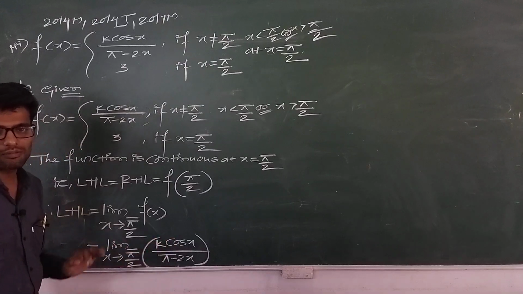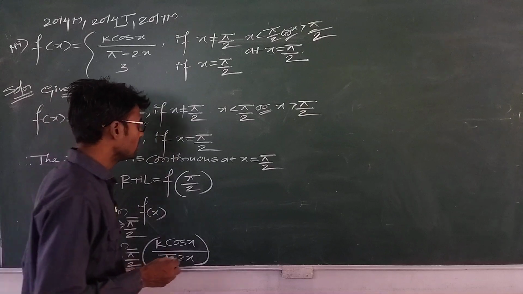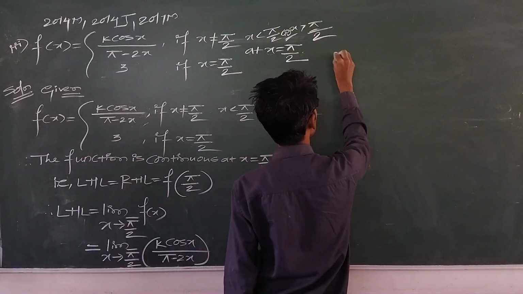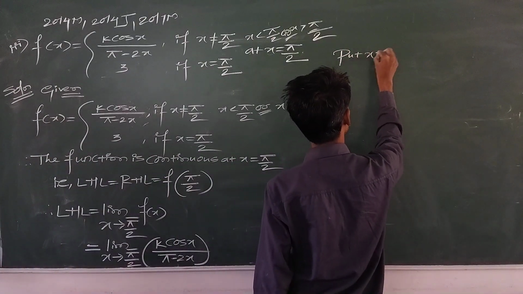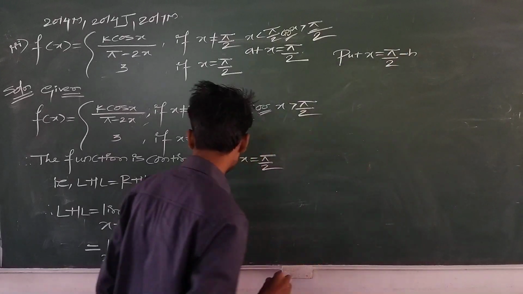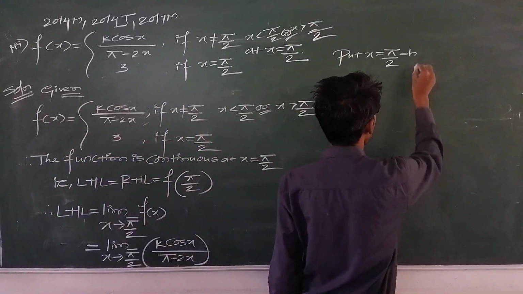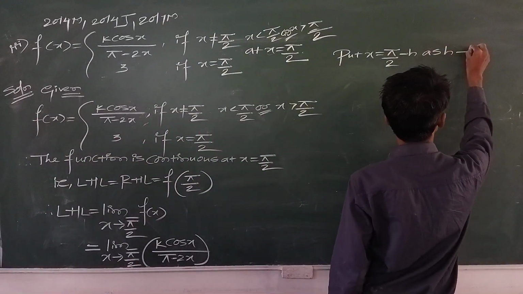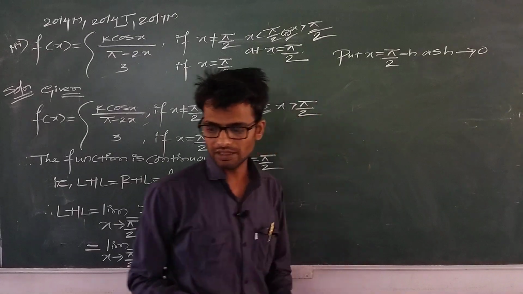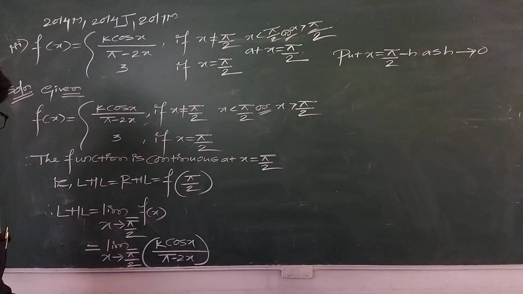So you will get an indeterminate form, and that's why you take x equal to pi by 2 minus h, as h tends to 0. You take the value of x equal to pi by 2 minus h as h tends to 0.